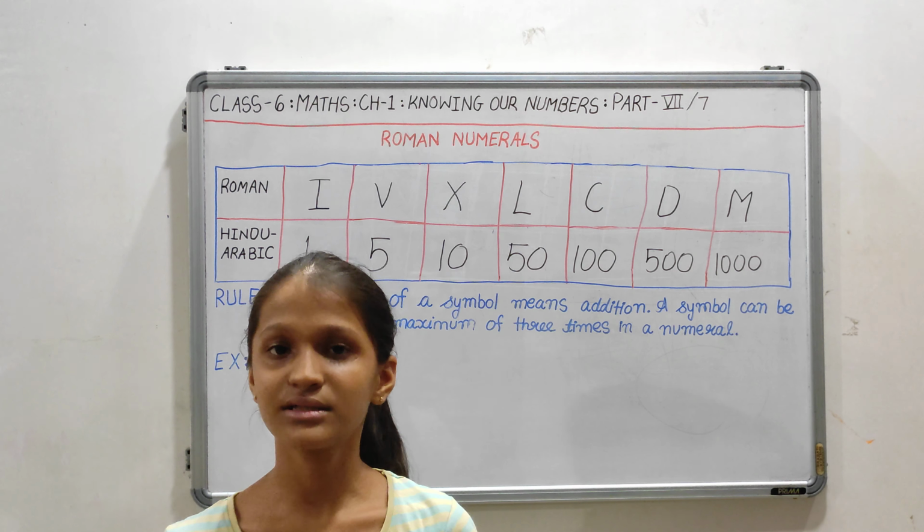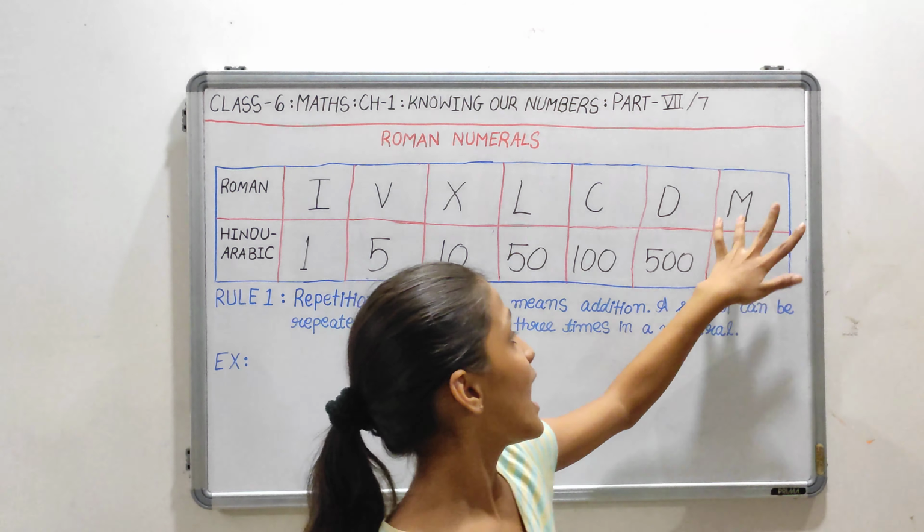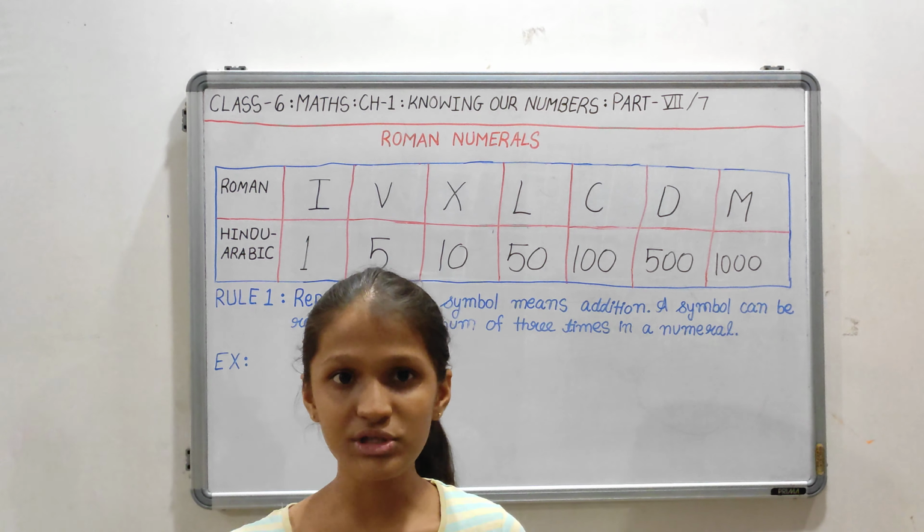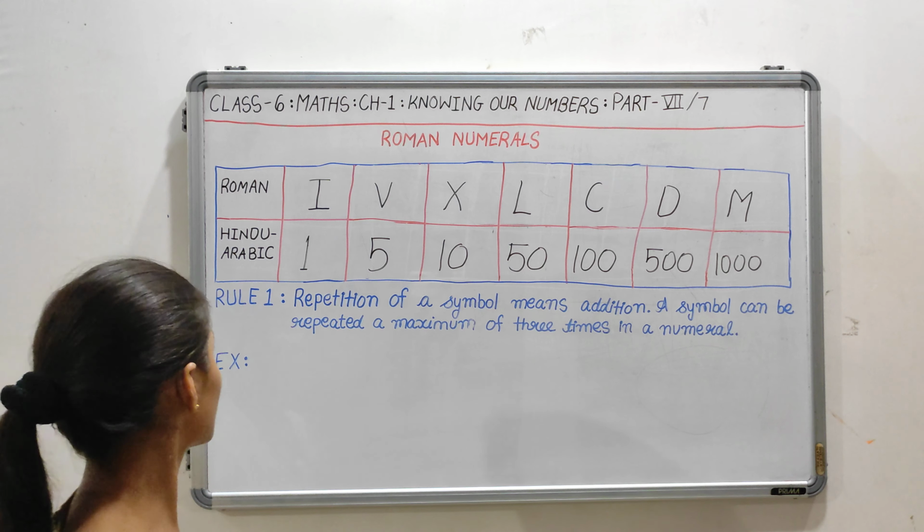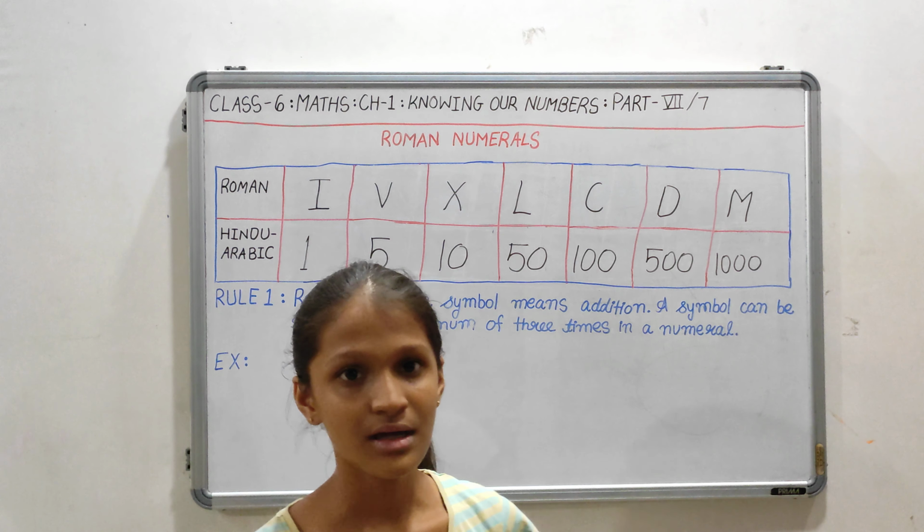I is 1, V is 5, X is 10, L is 50, C is 100, D is 500, M is 1000. You can note it down if you want. Now let us understand the rules.